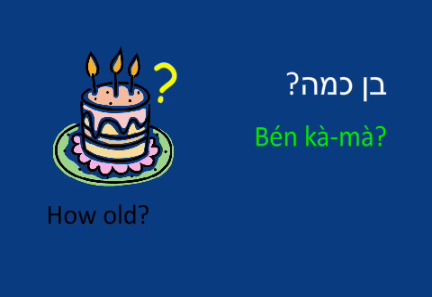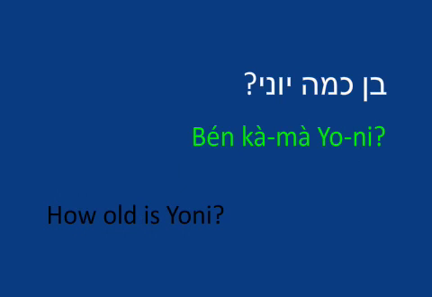Next, let's learn to ask someone's age. The question, how old, is Ben kama. Kama is a question word that means how much or how many. How many years that is. Noah, let's ask, how old is Yoni? Ben kama Yoni.